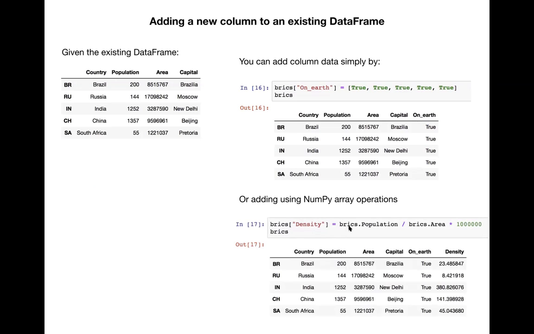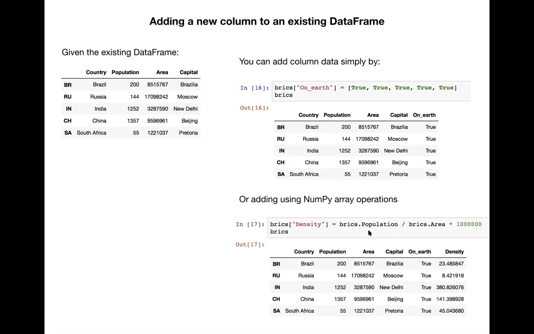I want to calculate the population density based on the existing data, which is basically population divided by the area. So I do BRICS.population. If you still remember that, BRICS.population gives me one column where the population is, and divide by BRICS.area. So that's the column with all the areas. And this divide is the same thing as the element by element operations in NumPy arrays.